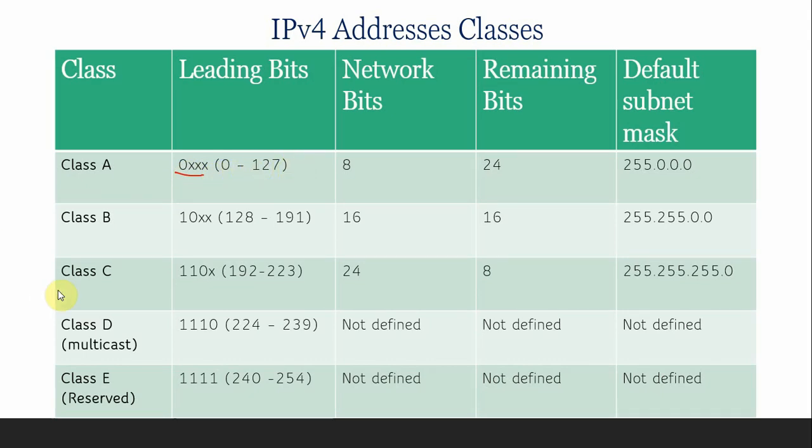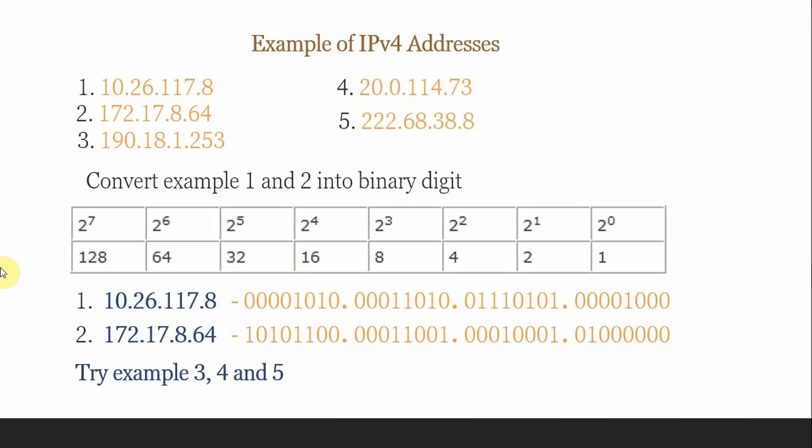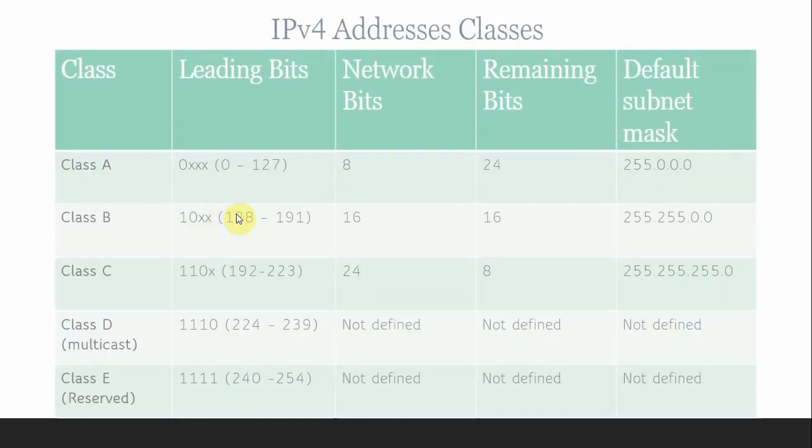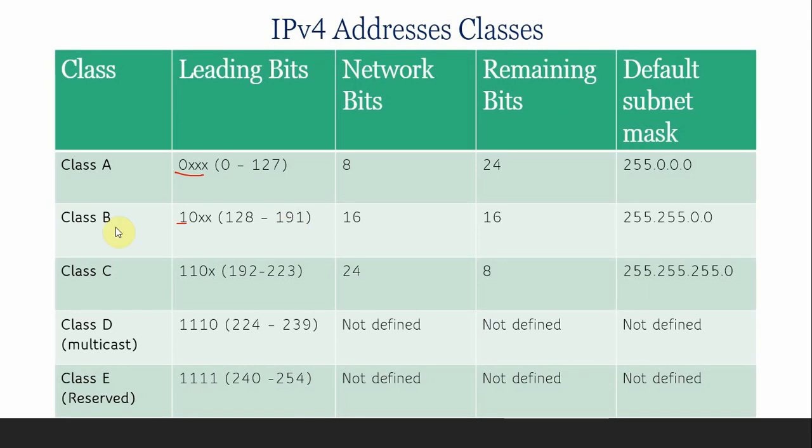All right, the next one we are going to turn on the next bit, so it's going to be 128, ranging from 128 up to 191. And then class C will start from 192. If we calculate, we are going to get the same value up to 223.